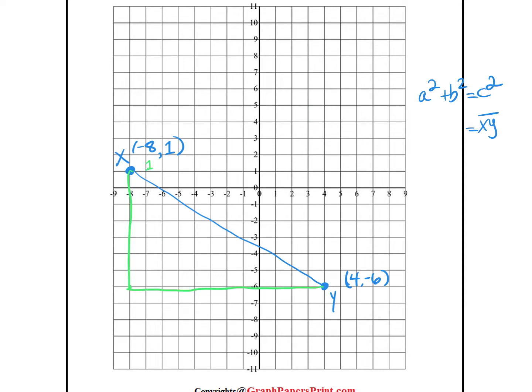Let me do it in red. It's a little easier to see. It goes from positive 1 down to negative 6. So we know that the length of this leg is 1, 2, 3, 4, 5, 6, is 7. Okay?